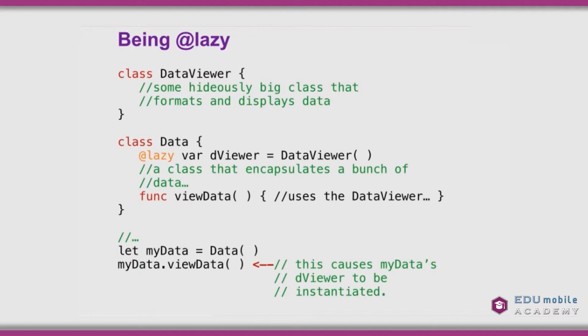So then later, somewhere in our application, we can say let myData equal Data. Is it instantiated now? Yes, Data is, but dviewer is not. It's only when we say something like myData.viewData, and then viewData causes dviewer to be instantiated, because that's what the function viewData does. So this is lazy instantiation.